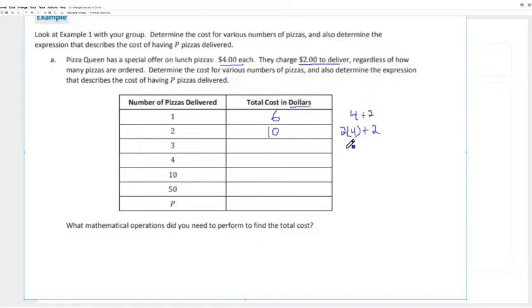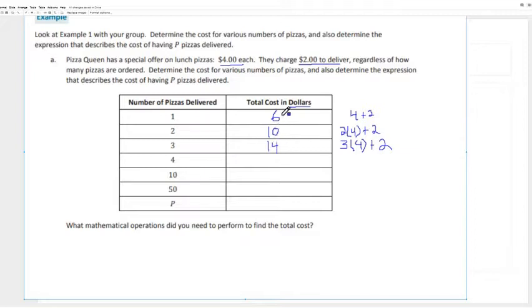And if I do that for another one, if I have 3 pizzas, they're going to charge me $4 for each pizza, and I'm going to add 2 to it for the delivery charge, right? Every time they're going to charge me for delivery, no matter how many pizzas I have. 3 times 4 is 12, plus 2 is 14. All right, so it went up by 4.